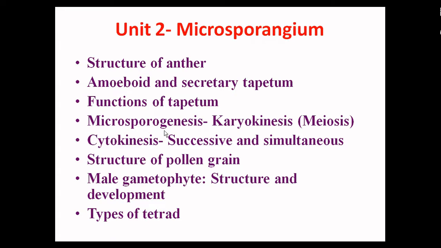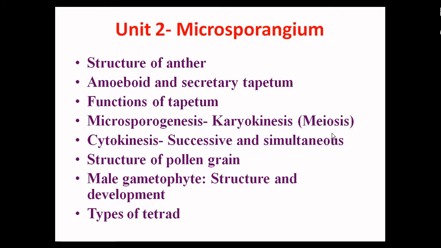Then we discussed microsporogenesis, which is the formation of the microspores, that is pollen grains, from the microspore mother cells. This microspore mother cell undergoes meiosis to produce 4 haploid microspores. Microsporogenesis can be divided into two phases: one is karyokinesis and the other is cytokinesis.